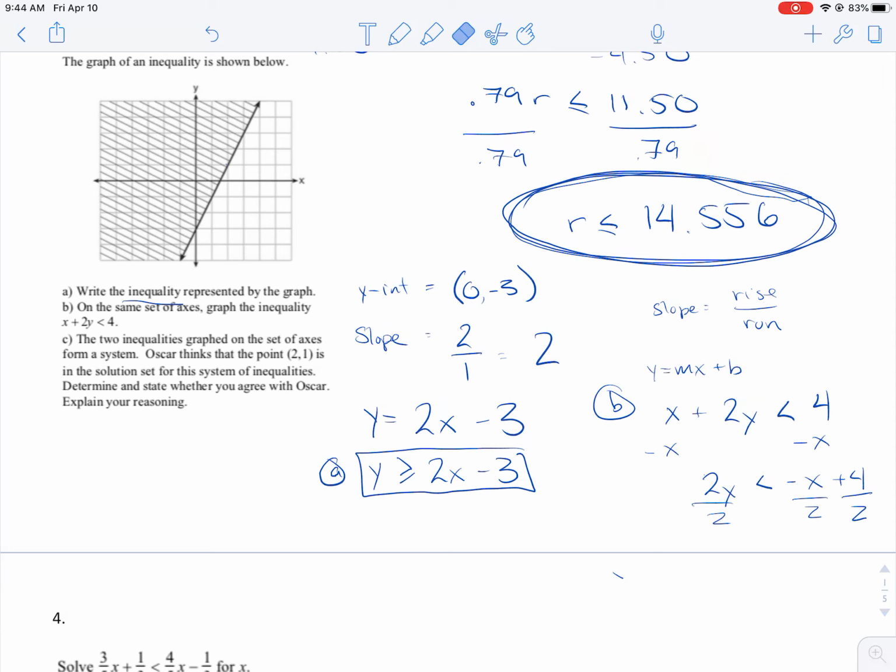Divide by 2. Make sure you divide both pieces by 2. You should be left with y is less than negative 1/2 x plus 2.